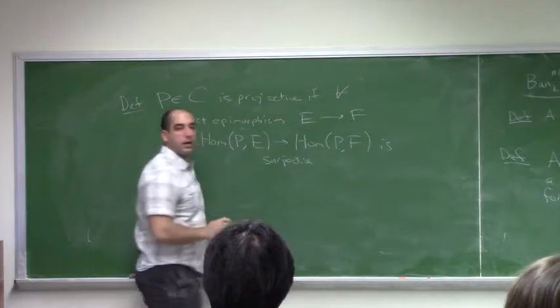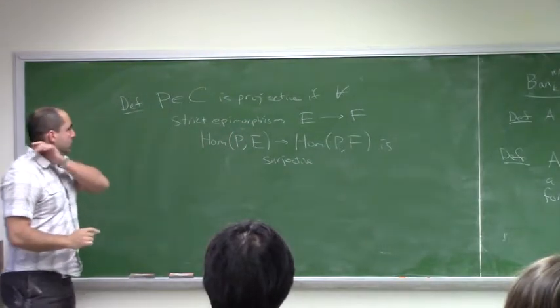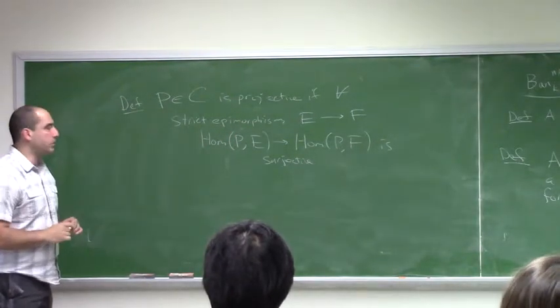So in an abelian category, every morphism is strict anyway. It's not really a different definition.